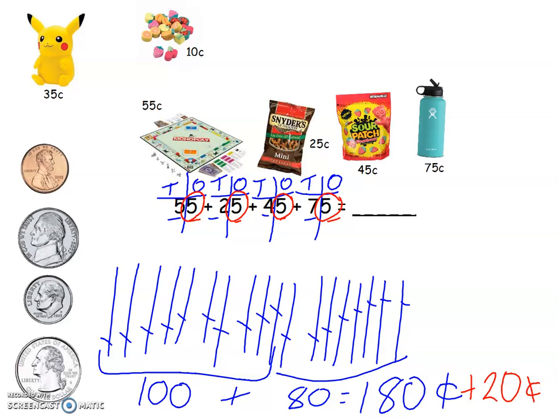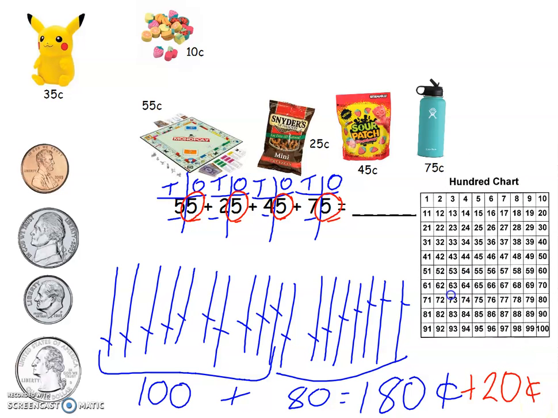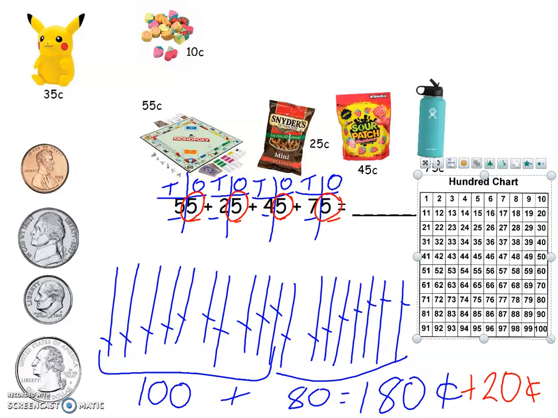Okay, so I have 180 plus 20. Looking here, 80 plus 20. Can you think about what number you're going to get to? If you need to pull up a hundreds chart, slide this guy over here. Take a look. I have 80 and I'm going to add 20, 10, 20. Oh, there it is.